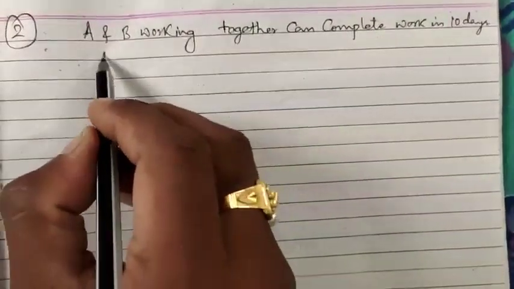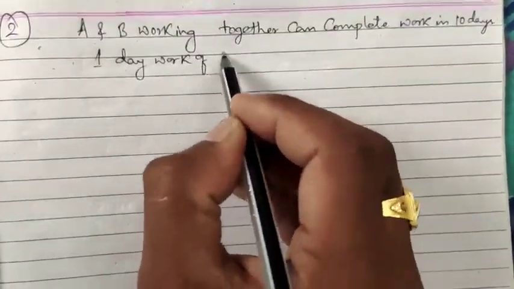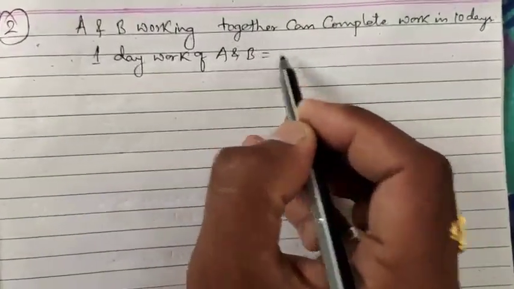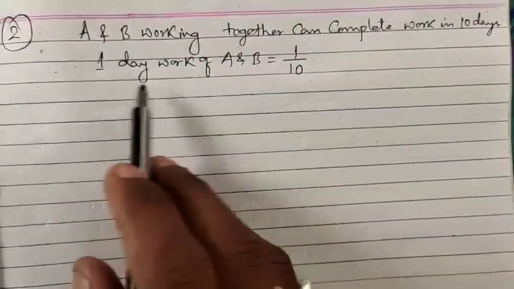So second step, we will calculate one day work of A and B. One day work of A and B will be 1/10. Simply take the reciprocal for finding one day work.